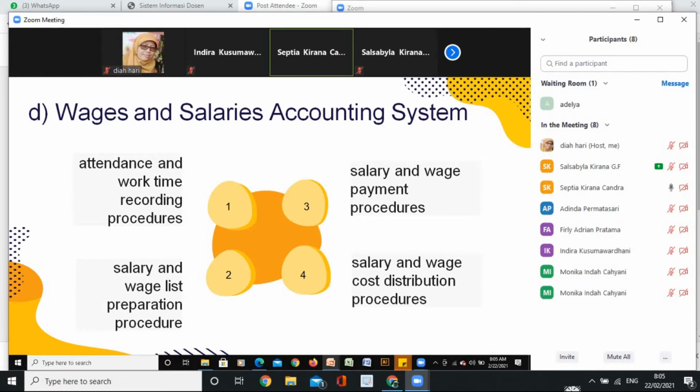This system consists of attendance and work time recording procedure, salary and wage list preparation procedure, salary and wage payment procedure, salary and wage cost distribution procedure. Next.